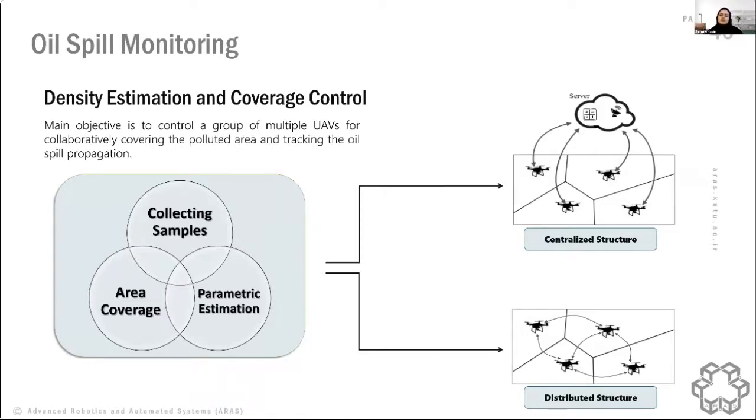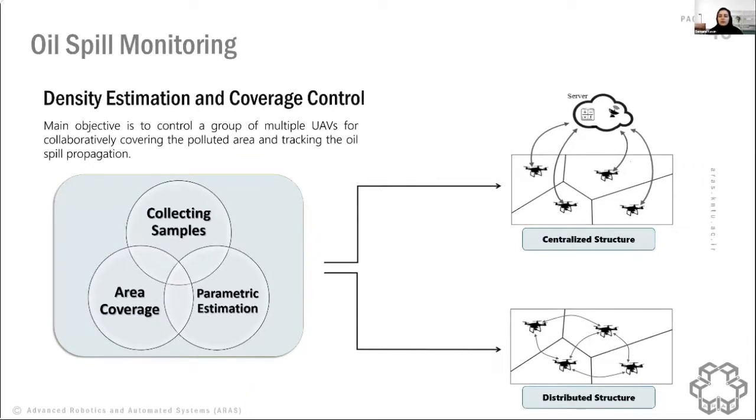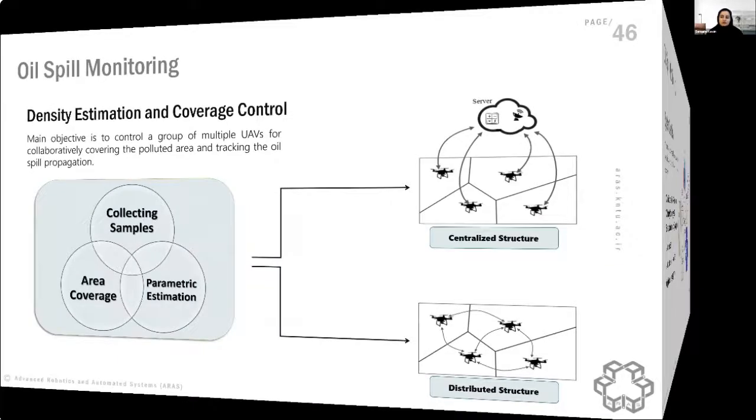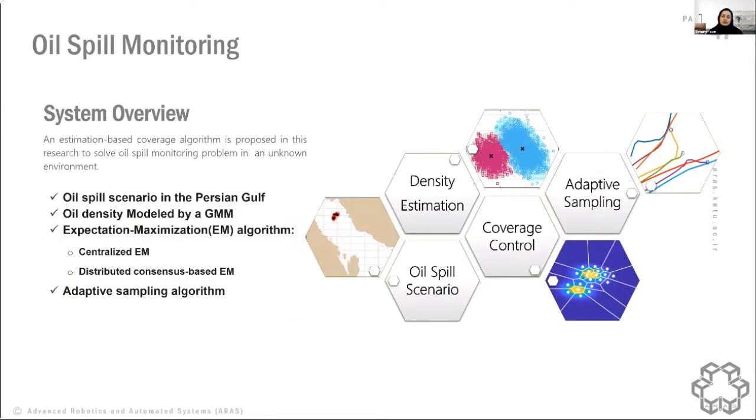In the estimation-based control problem, agents estimate the parameters of an unknown density function, and simultaneously we need coverage control that's implemented based on this estimate.